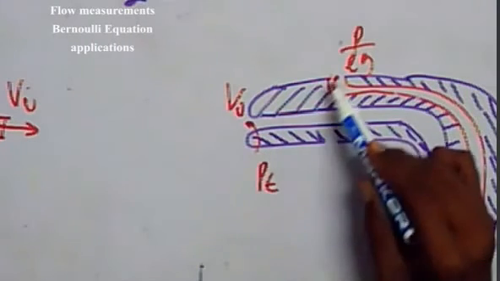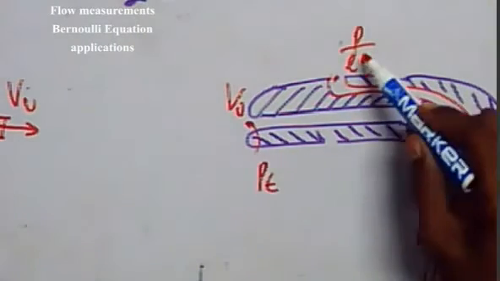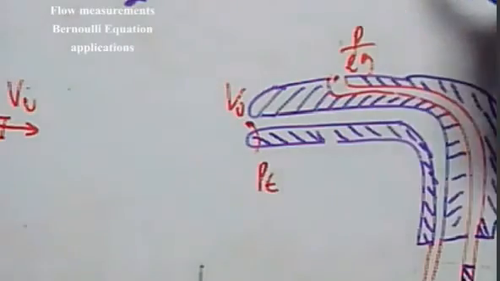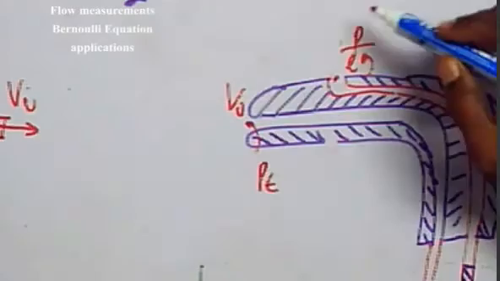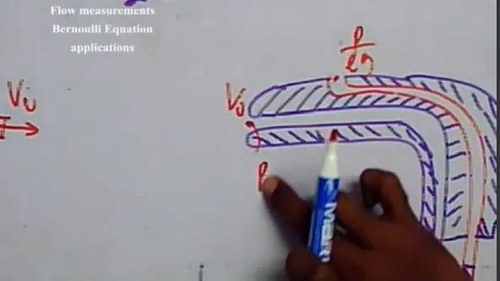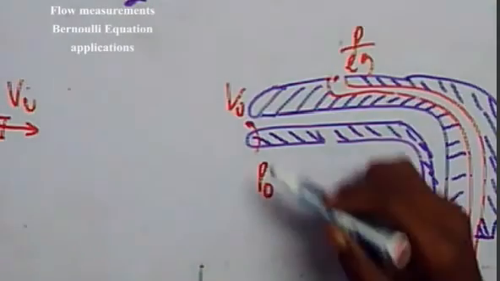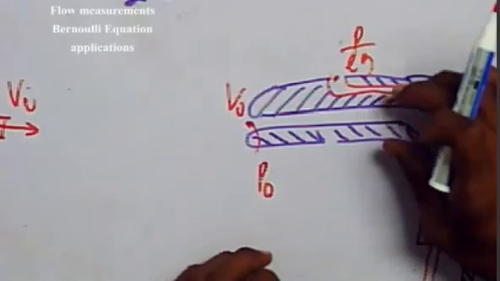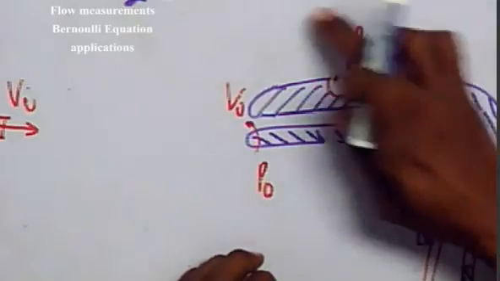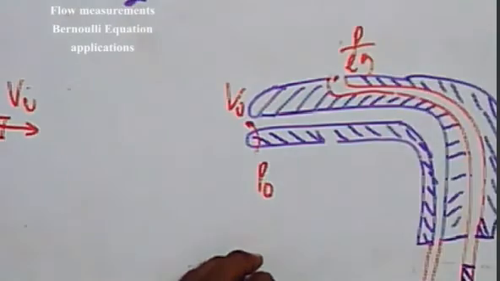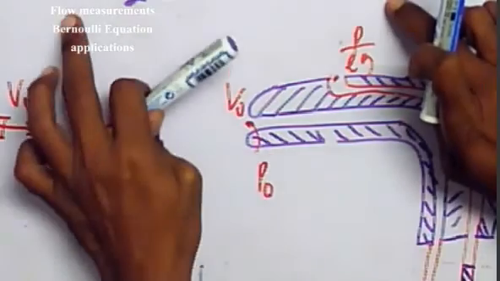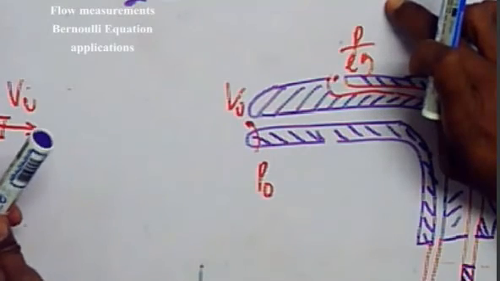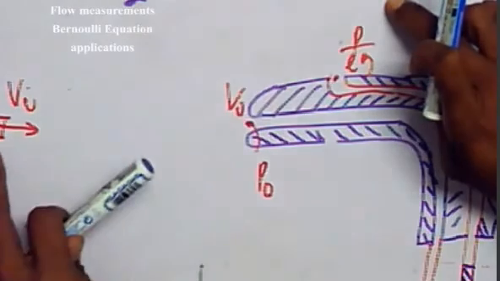We can neglect these hydrostatic terms, so these two terms become P naught. At this location, because the sensor is very small, you can neglect the contribution of potential energy. So we have P naught equal to Pi, the static pressure here, plus the dynamic pressure here as well.